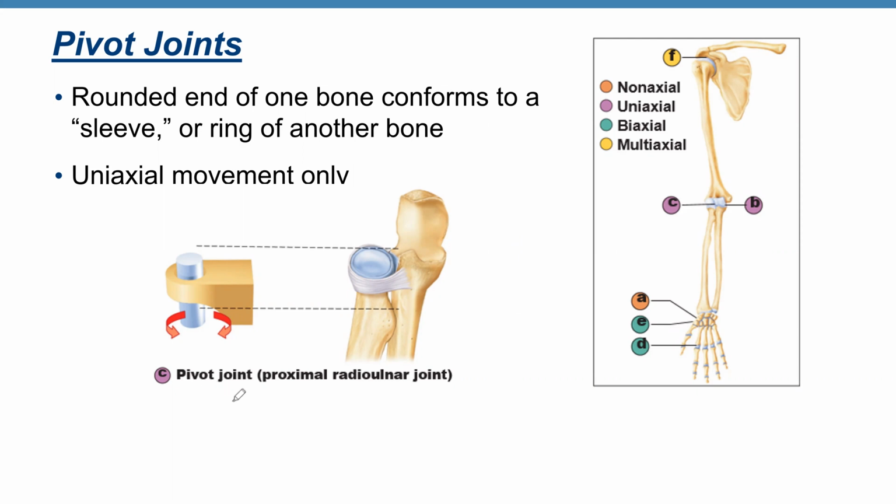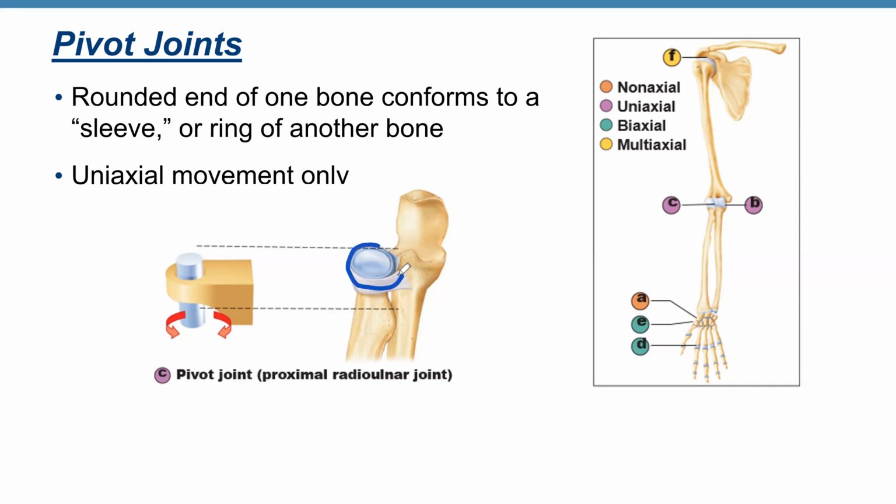Another example would be the proximal radial ulnar joint. So you see, here's your radius, here's your ulna. And remember, in the ulna, we have the radial notch. So the head of the radius fits in the radial notch. Here's the head of the radius, and here's the radial notch on the ulna.